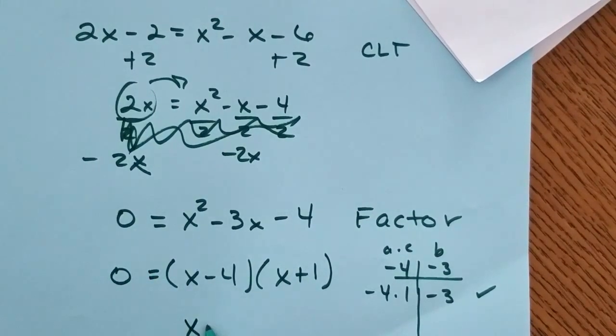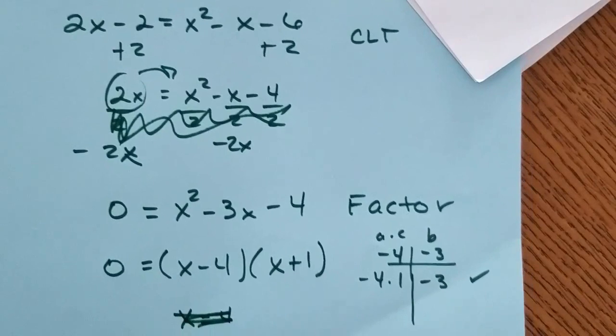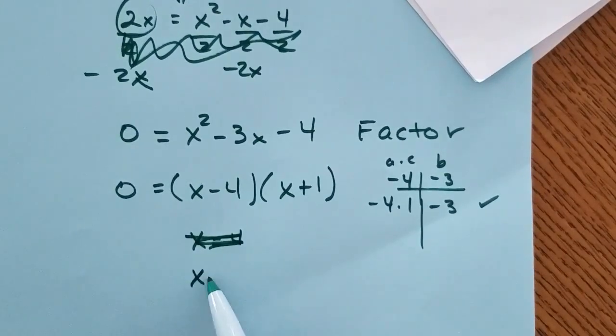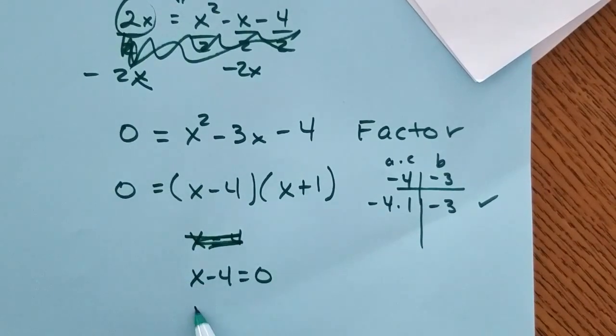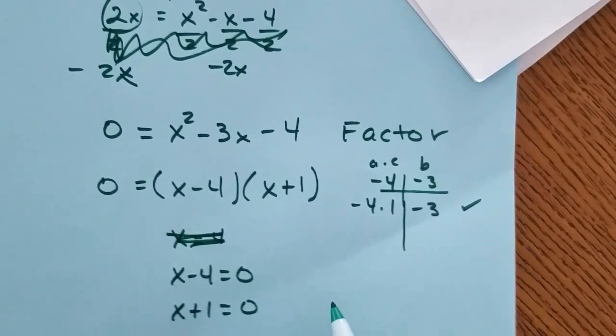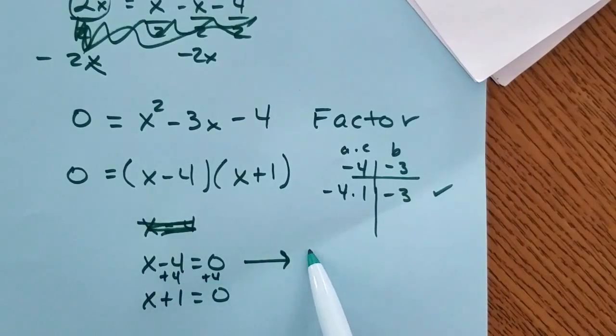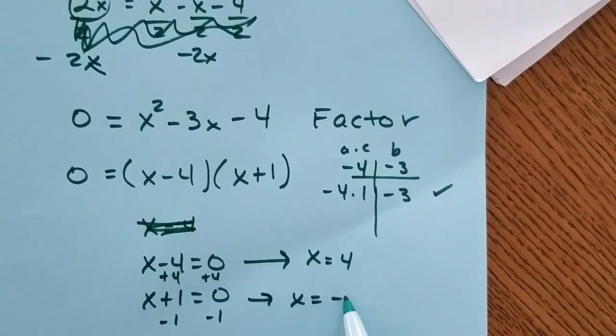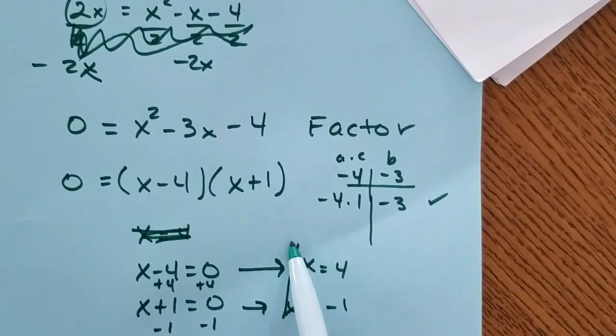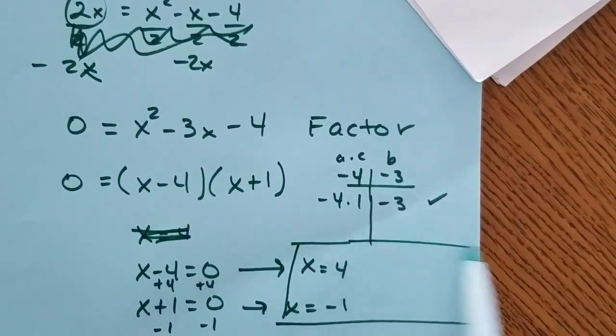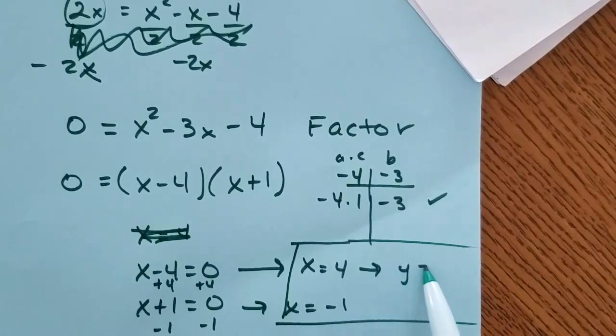And we can set each factor equal to 0 and solve for it. Here you would add 4 to each side. x is equal to positive 4. Subtract 1 on each side for this one. x is equal to negative 1. So we have our x's here. We need to find our y's that correspond to each one.